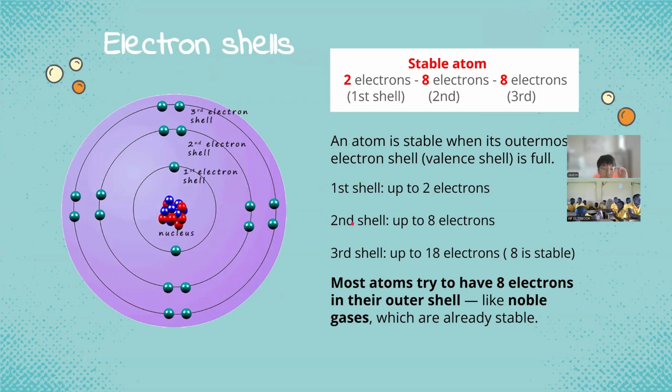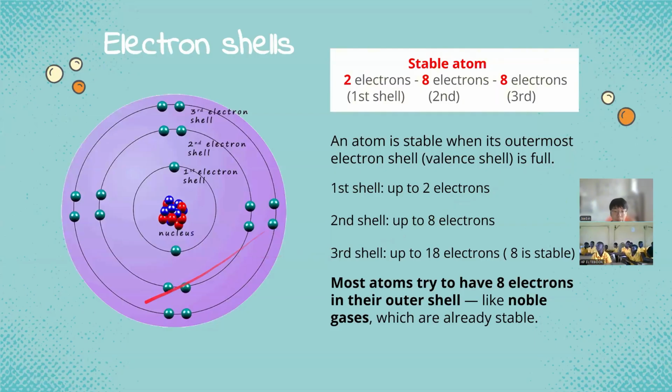But here is the general shape of electrons and how they are covered in shells. So a stable atom has 2 inside. You can see 2 electrons in the first shell. Let me color this differently. This is the first shell. This is the second shell.